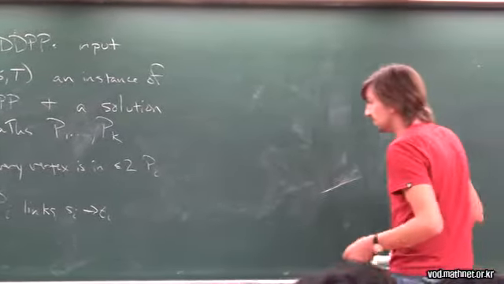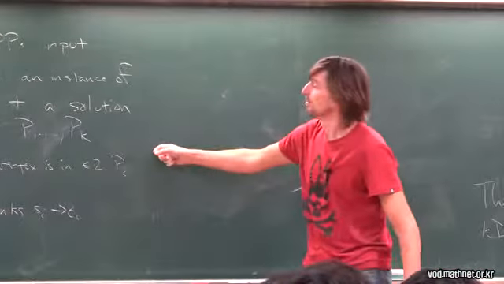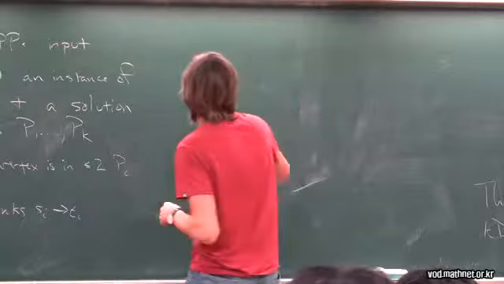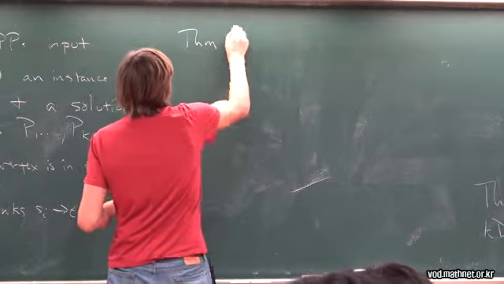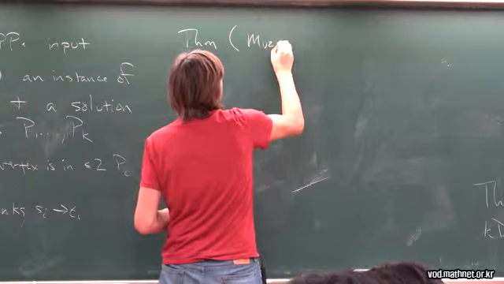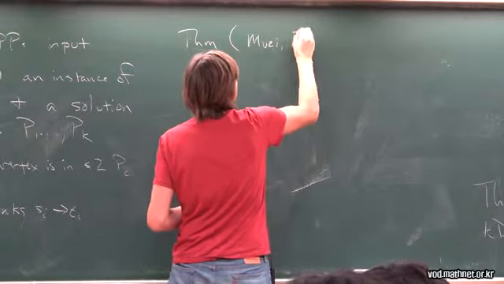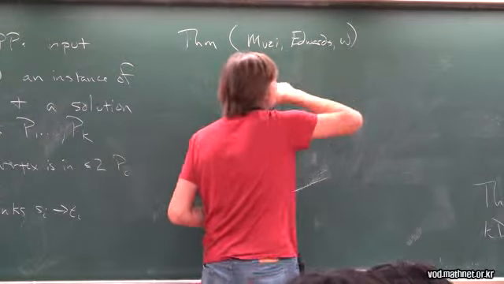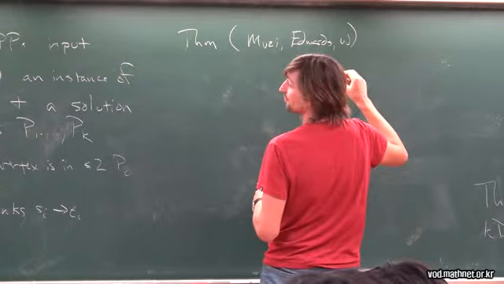And now the theorem is that for this problem, the analog of Thomassen's conjecture does hold. So theorem. And now this is joint work with my graduate student Irina Muzzi and Katie Edwards and myself.